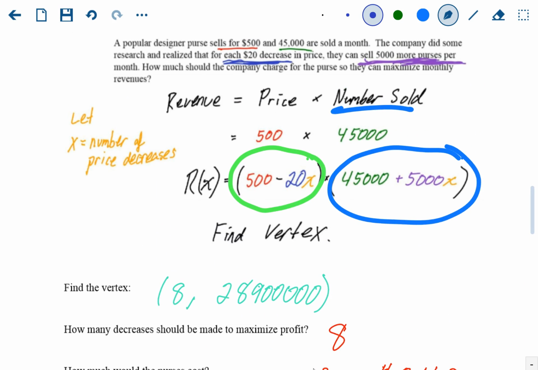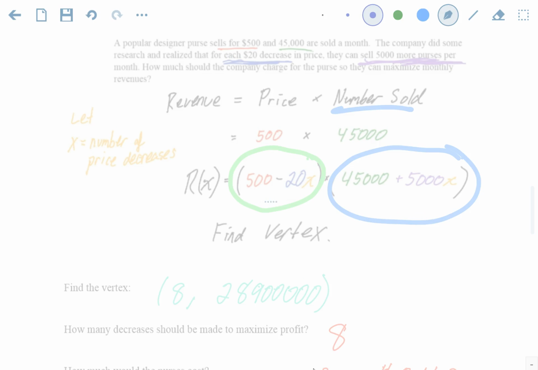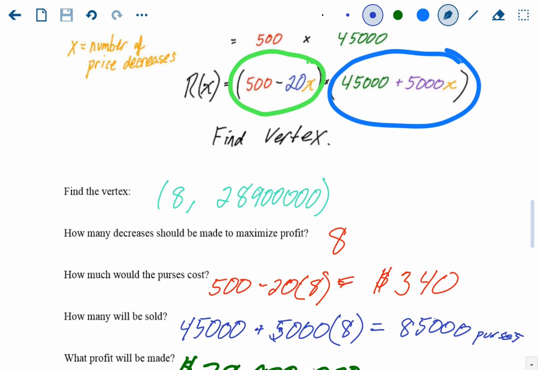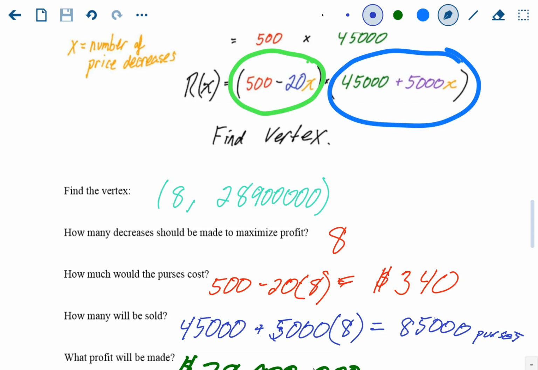So that's basically saying they'd be selling the purses for $0. If you sell something for $0, you're not going to make any money. Okay. So if it asks when do they stop making profit, or when do they stop making revenue, that's going to be when it hits the x-axis. Okay, because the x-axis is 0 for y, 0 for revenue, 0 for money. It's going to be the x-axis. Okay, and again, this should make sense. If you sell a purse for $0, you're not going to make any money.